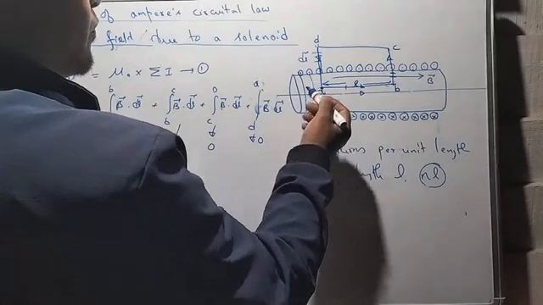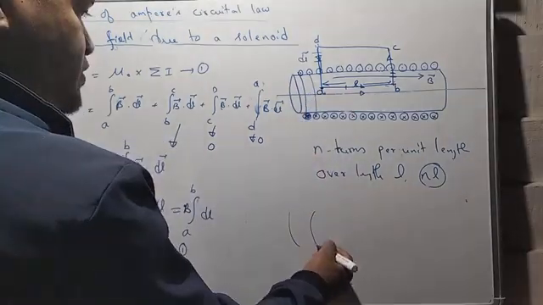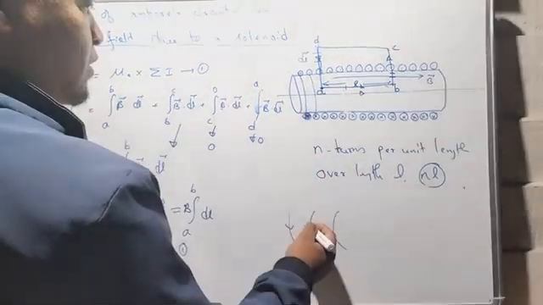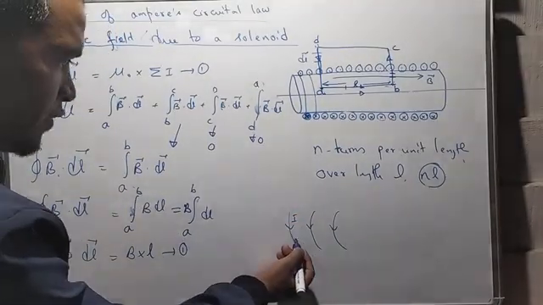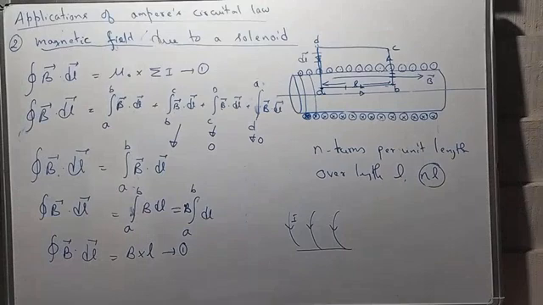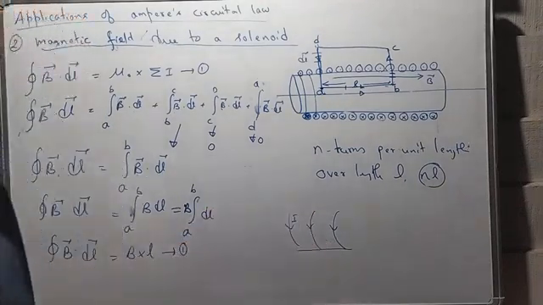But look here, each turn of the solenoid carries a current I. If I consider 3 turns, the current will be 3I.